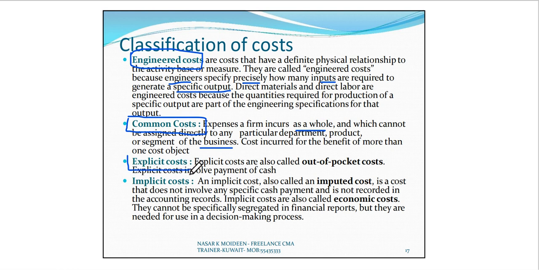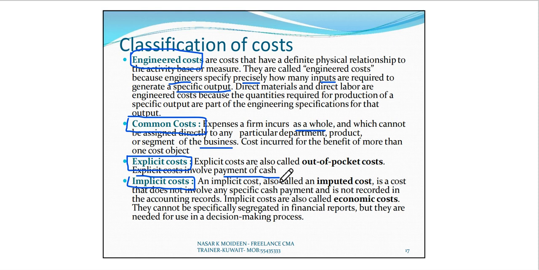Then what we have is explicit cost and implicit cost. Explicit costs are also called out-of-pocket costs, and explicit costs involve payment of cash. So when there is a cash outlay, cash is going out, then that cost we call explicit cost, anything related to cash outlay. But when there is no cash actually going out, that we call implicit cost.